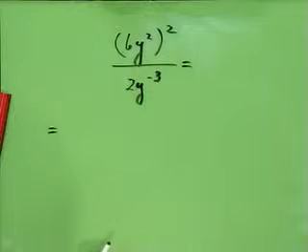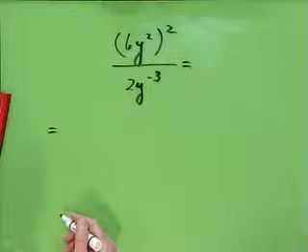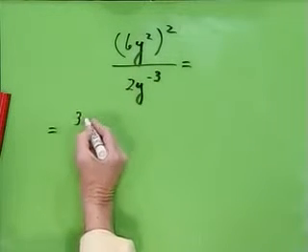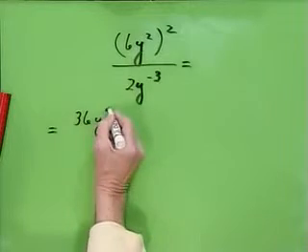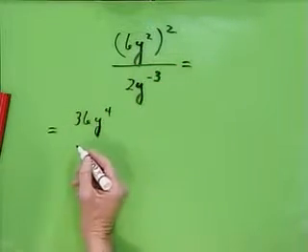If I want to reduce this. Stephen. I'd distribute the squared into the parentheses. Okay, what would you get in the numerator? 36y to the 4th. So what he's doing is he's squaring the 6 and he's squaring the y squared. So he gets 36y to the 4th.